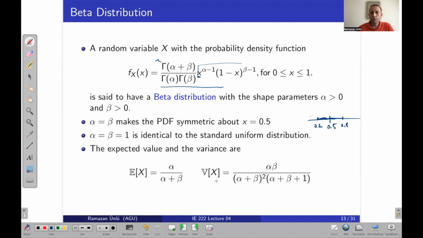Again, you don't need to memorize these things, just try to understand the logic, and if you need, you can find these expected values and variances from different sources. And in this exam, if you encounter a question, you will be given all this information.